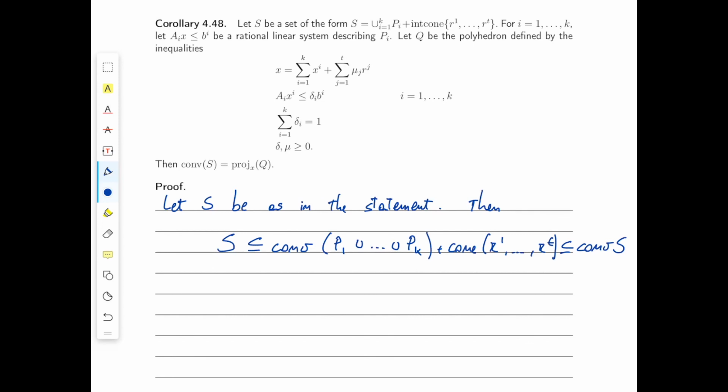But in fact, this really is conv S. In fact, let me write it, the last containment is an equality. Why? Well, the reason is that the set in the middle is in fact a polyhedron. And since conv S is the smallest convex set containing S, if it contains a convex set containing S, then it must coincide with it. Let's write, in fact, the set in the middle.